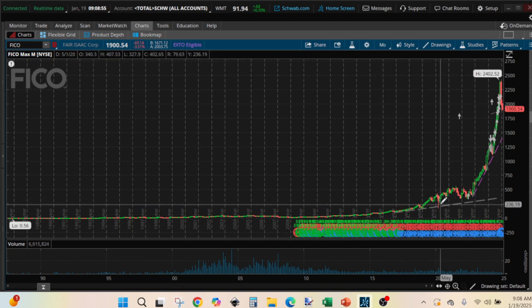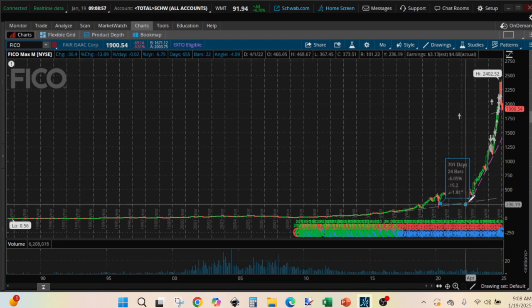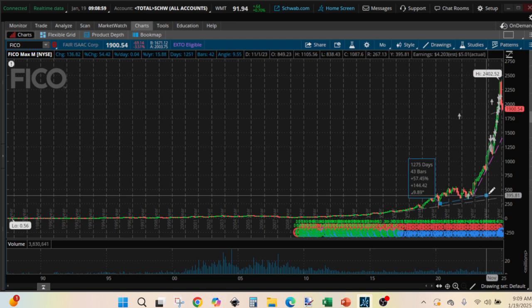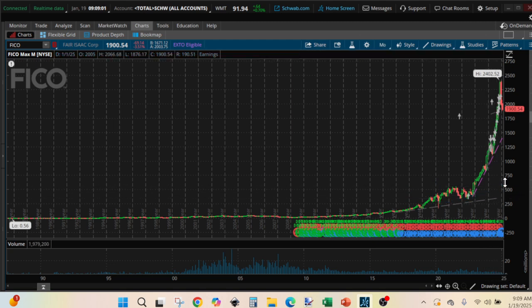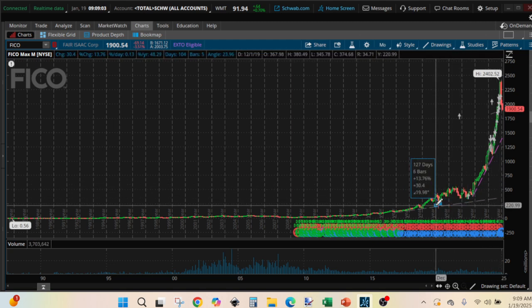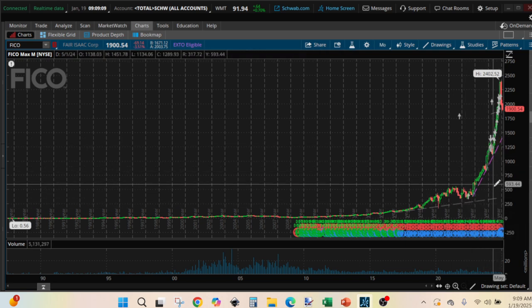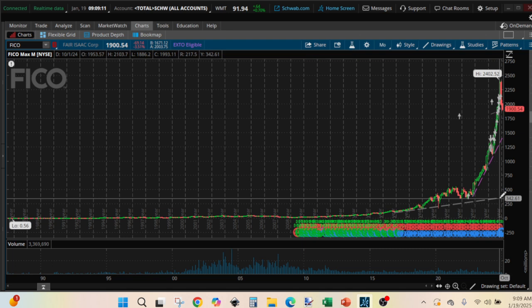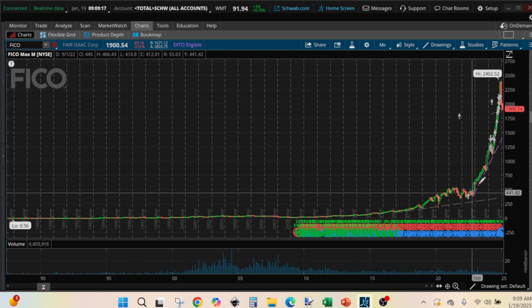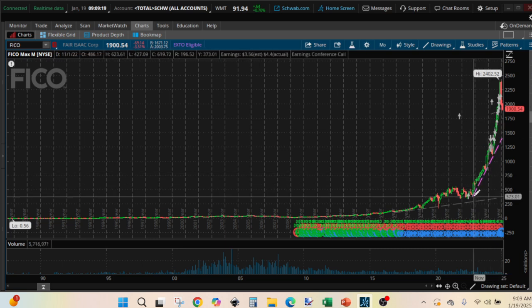Therefore, let's see if we can trace it from here. No, it's not going to take us any higher. So this is the line, but I just feel like this one is too low of a point for it to come back down to it. It's been trending up.